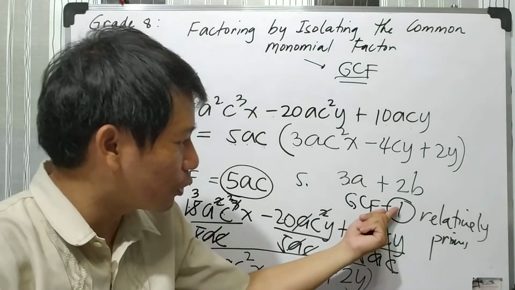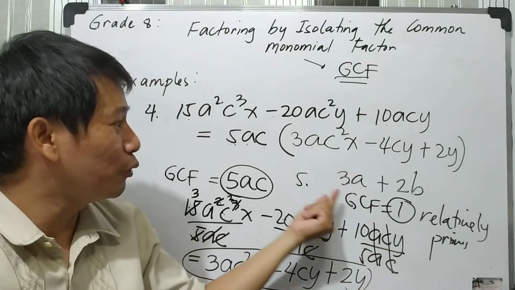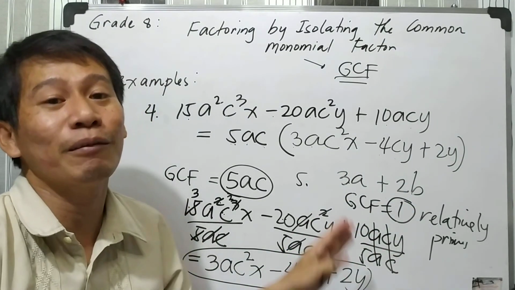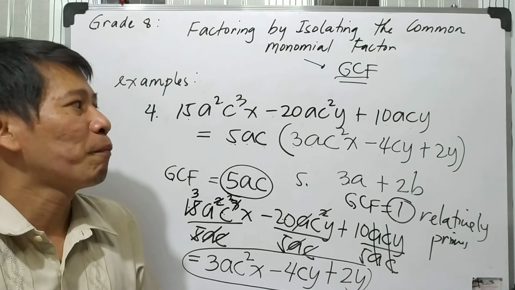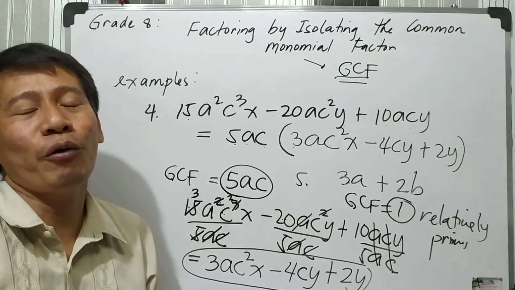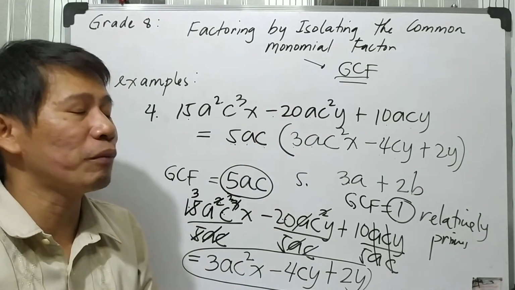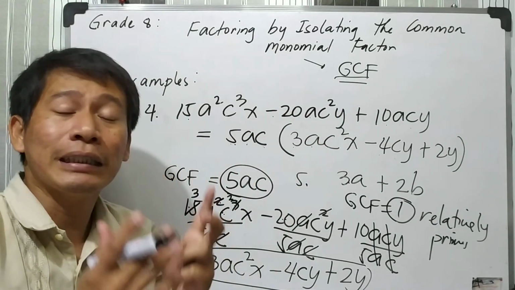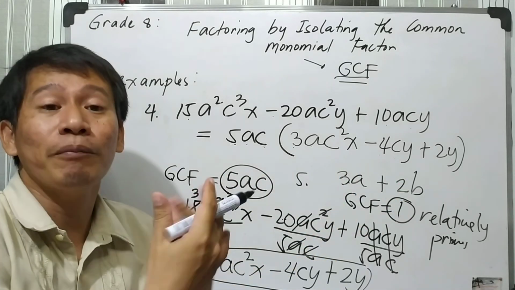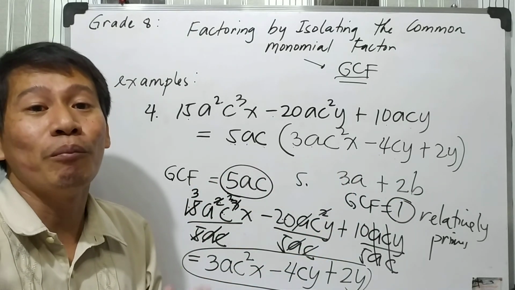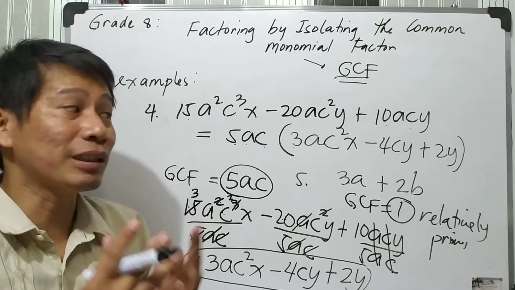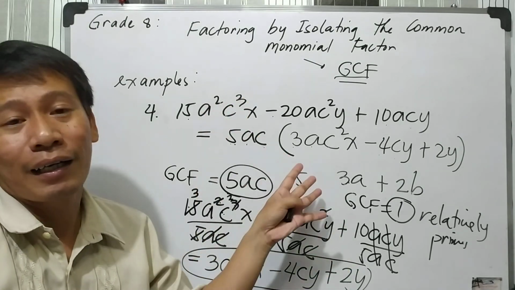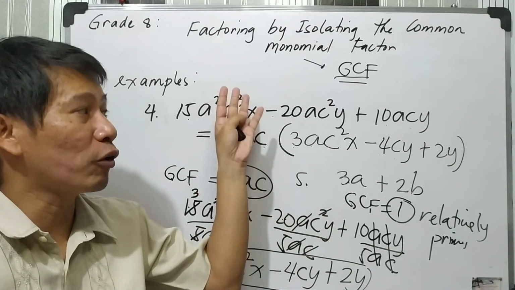Kasi nga, pag in-isolate mo si GCF, pag dinivide mo yung each term by the GCF, yun din ang makukuha mo. Kaya talagang hindi siya pwede. So in other words, ang isang polynomial can be only factored by common monomial factor or by getting the GCF if the GCF of all the terms in your given polynomial is more than 1. But if it's just equal to 1, then you cannot factor it by greatest common factor or by common monomial factor.